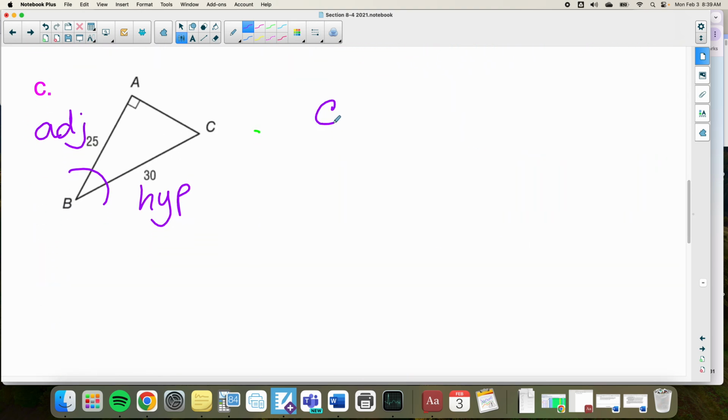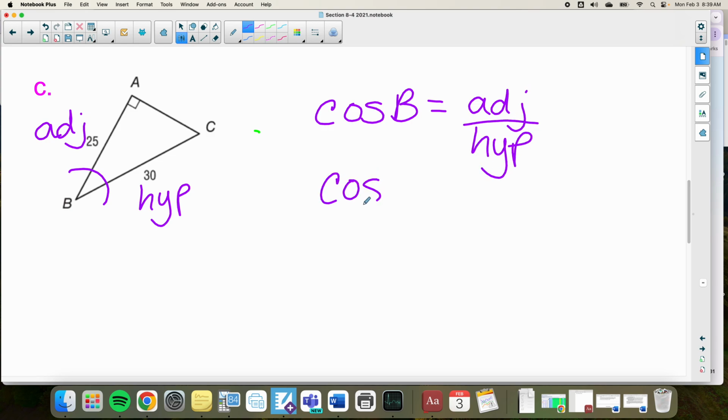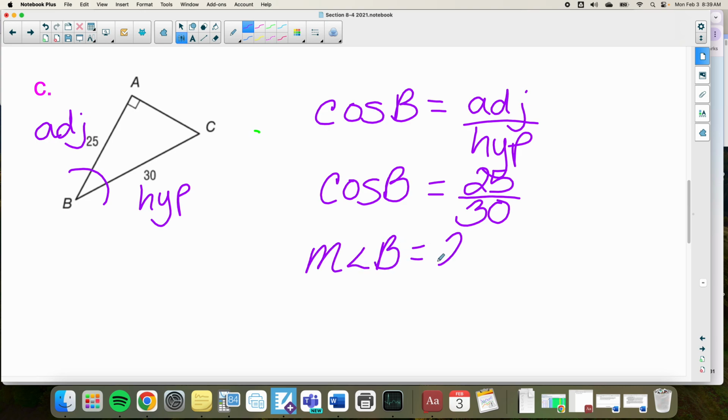So I'm going to do cosine of B is adjacent over hypotenuse. The adjacent side is 25. The hypotenuse is 30.